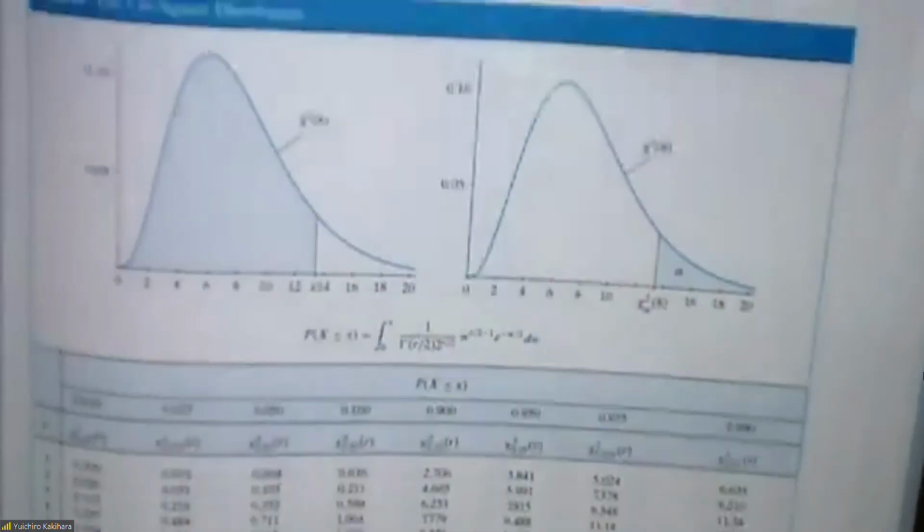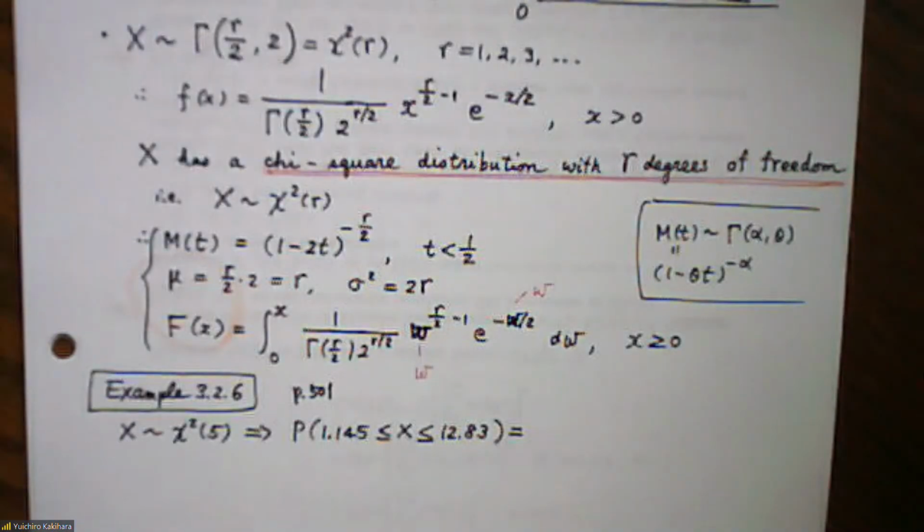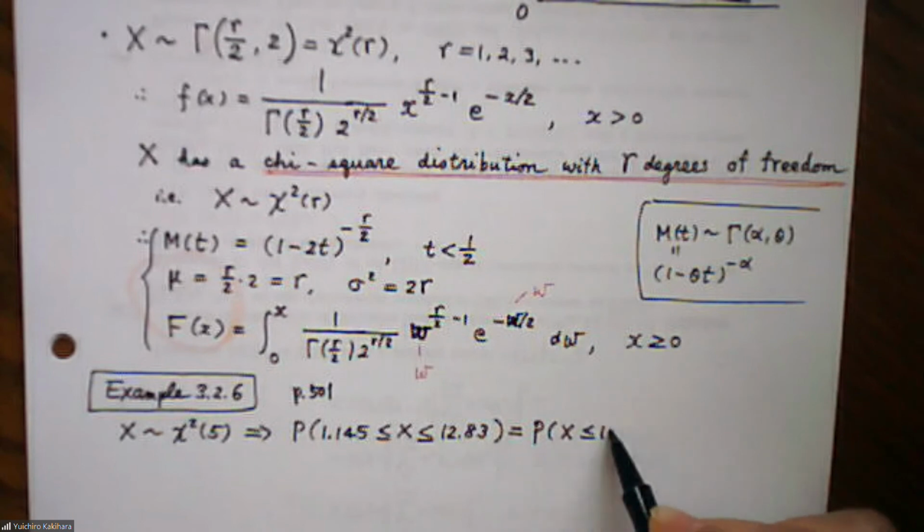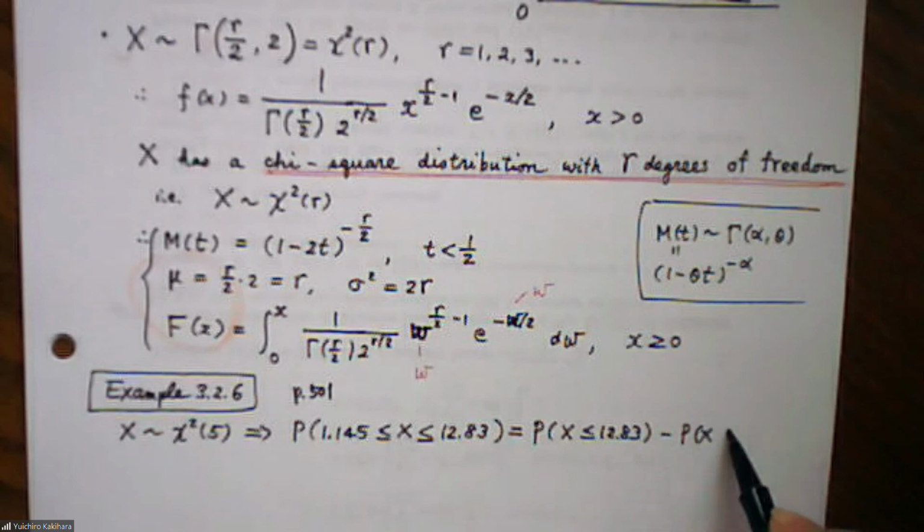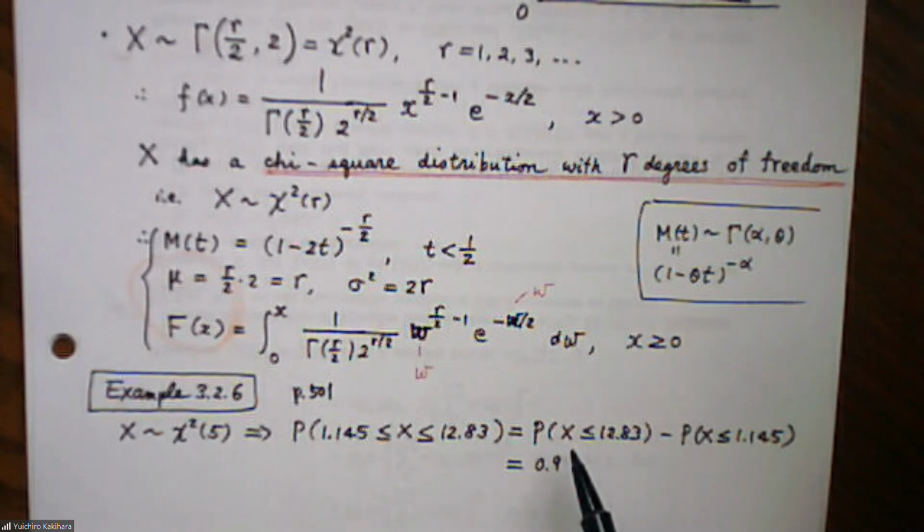So what we see is that to get this probability, it is x smaller than or equal to 12.83 minus x smaller than or equal to 1.145. And this is obtained as 0.975 minus 0.050.